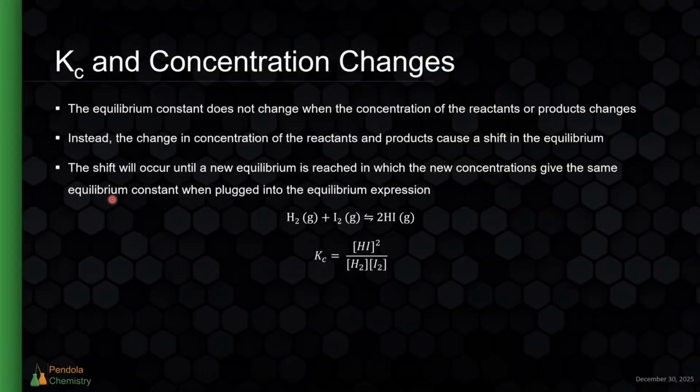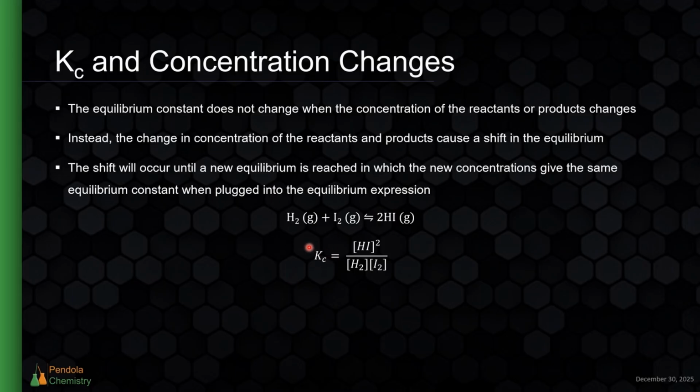Now let's discuss what happens to the equilibrium constant whenever there's a change in concentrations. We discussed earlier in section 2 that whenever we cause a change to an equilibrium, Le Chatelier's principle says that equilibrium will shift to counteract that change. But mathematically, why does that happen? The equilibrium constant, just like the name implies, is a constant.